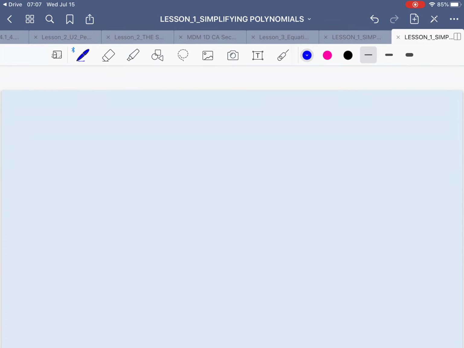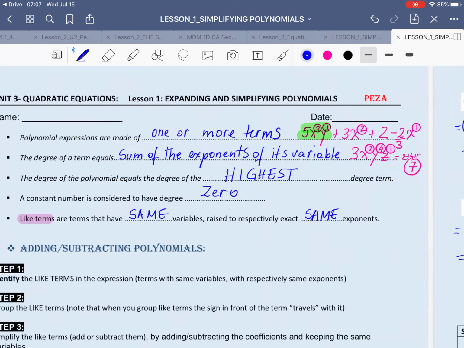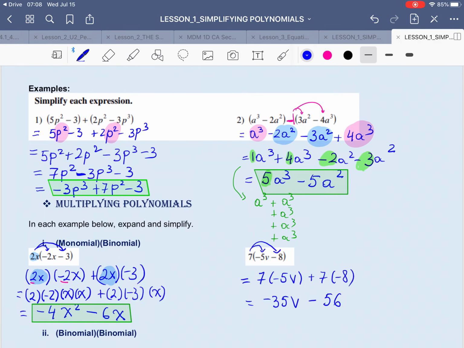Okay? So this is the end of the lesson, and I know that it was probably quite a lot to think about, but it's very important so that we start the unit of quadratic equations strong and build some good foundations of polynomial multiplication and simplification.